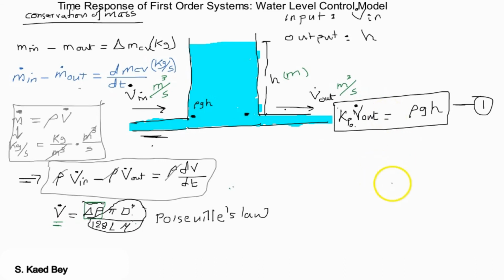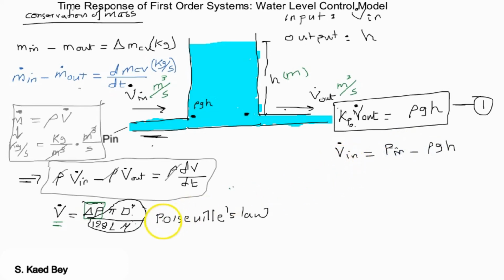Also, the volumetric flow rate coming into the system is a result of a pressure difference according to the Poiseuille law. So if we assume there is a pressure which is higher than the inlet pressure, then that pressure difference is what causes the flow rate to happen.